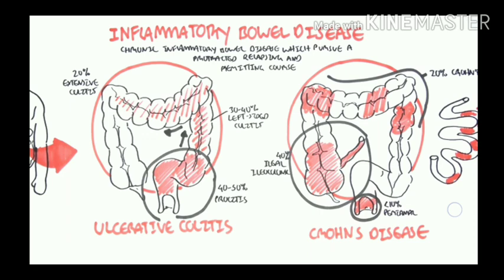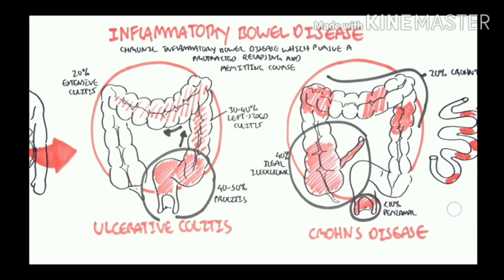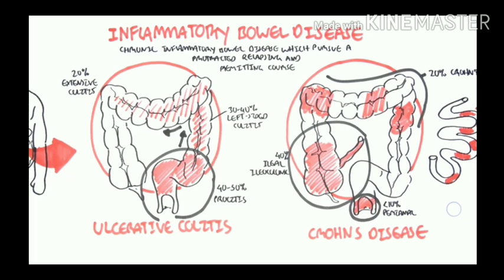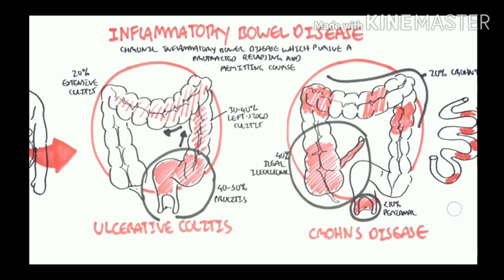In ulcerative colitis, the characteristic is that inflammation can spread from the rectosigmoid area up to the descending colon, which we already saw. This occurs in about 30 to 40% of ulcerative colitis cases, and this is termed left-sided colitis.